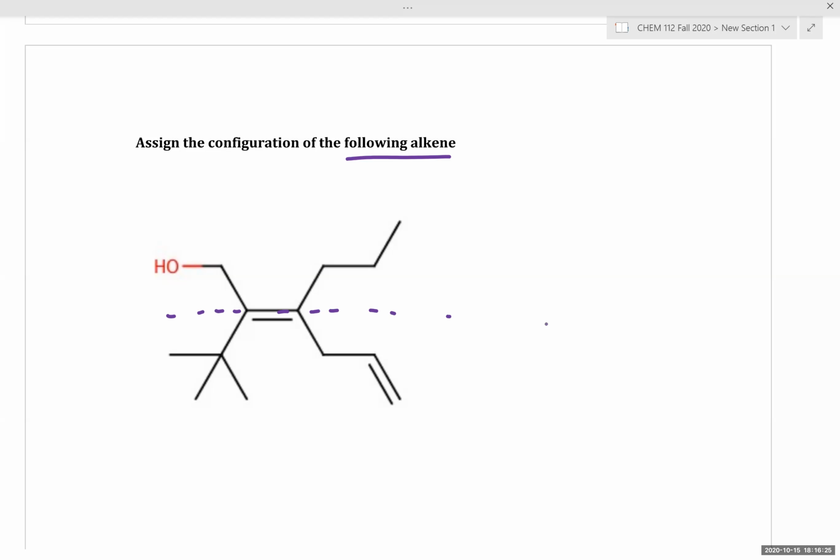So let's try to get some responses in the chat, or if you have a question, don't be shy to ask a question in the chat or verbally, and I'd be happy to address your questions. At the bare minimum, we should see some proposed responses, some proposed stereochemical assignments for the following structure.